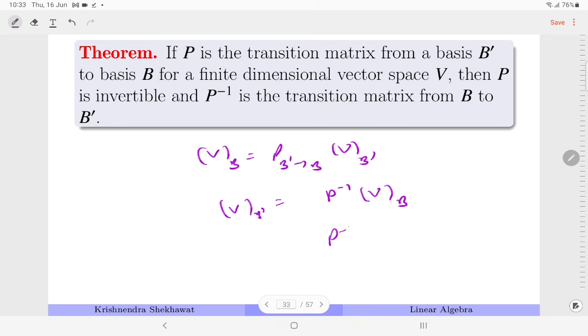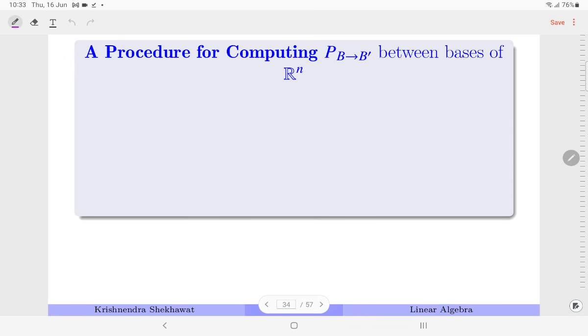So which means P inverse is P from B to B dash. Next, we have computed P from B to B dash, but we are going to discuss a very simple method to compute it, and I will show you why it is happening.